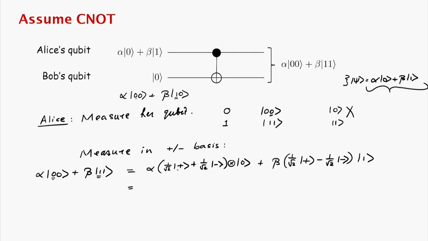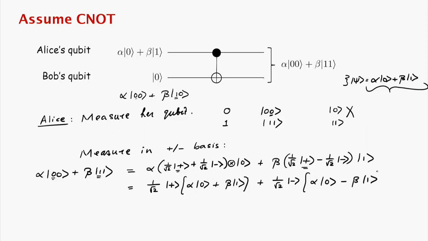And now if we collect terms, we say, well, this is 1 over square root 2 plus times alpha 0, so you got plus here and plus here, plus beta 1, plus 1 over square root 2 minus, and we got alpha 0, and then you got minus beta 1.